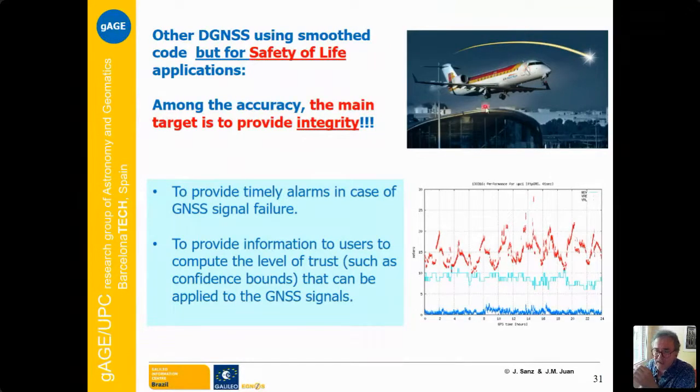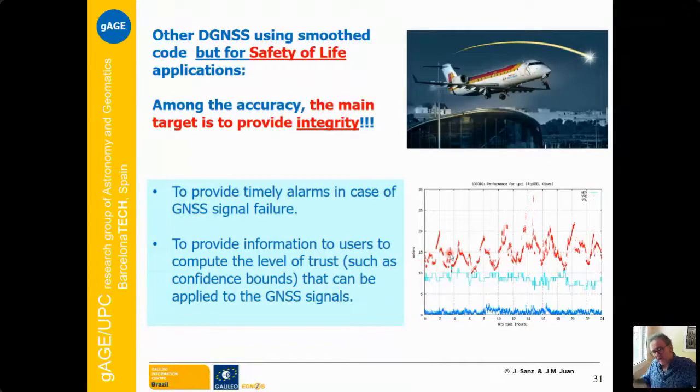Well, what this system provides to the user is what we call the protection level. We cannot know in real time what is the error in the receiver coordinates, but these safety of life systems provide to the user, to the pilot, confidence bounds.